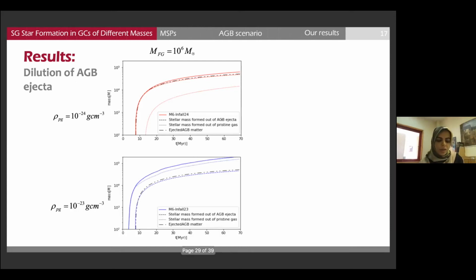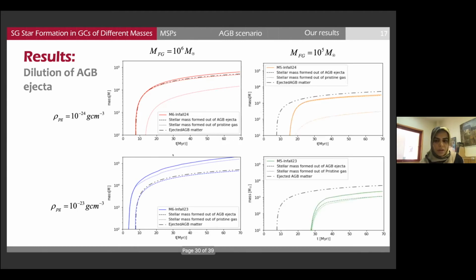But in a denser medium, most stars form from accreting gas. When we compare these two dash-dotted and solid lines here, the amount of gas accretion increased, as you can see. So in comparison with the previous simulation, and when we check the other models, it's not true in the case of low mass clusters.